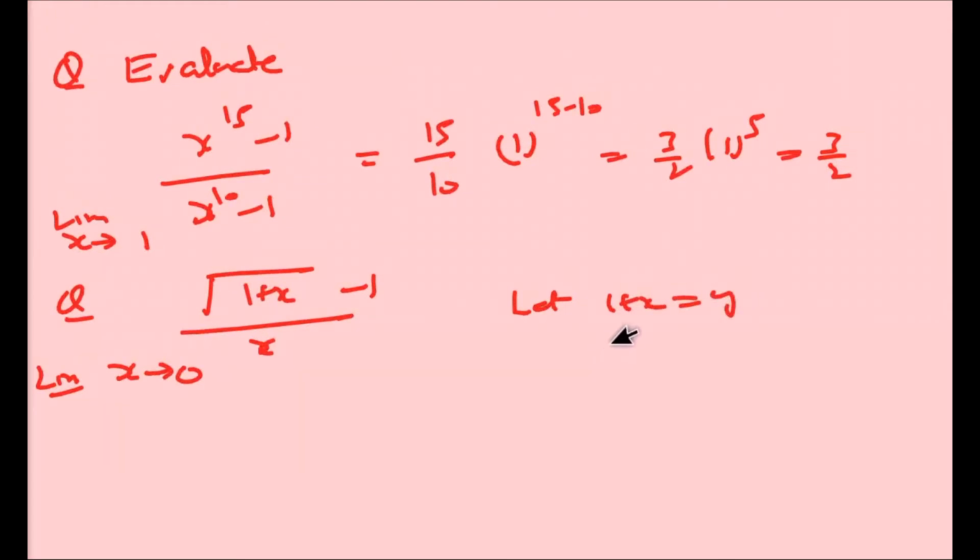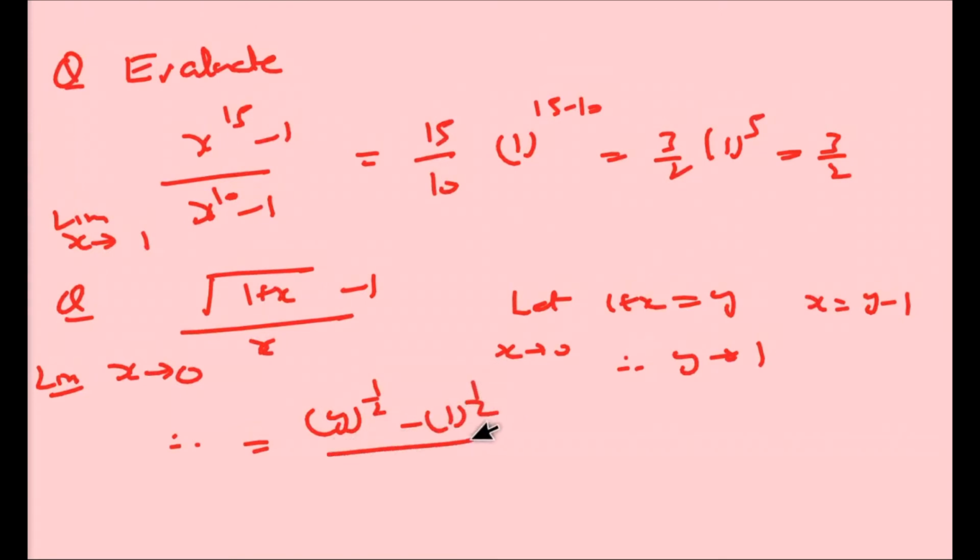So if x tends towards 0, meaning 1 plus 0, we can say y tends towards 1. So x equals y minus 1. Hence we can say this question is equal to (y to the power half minus 1 to the power half) upon (y minus 1), and y tends towards 1.